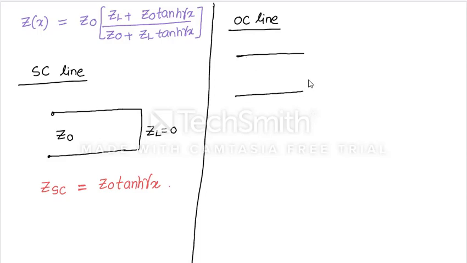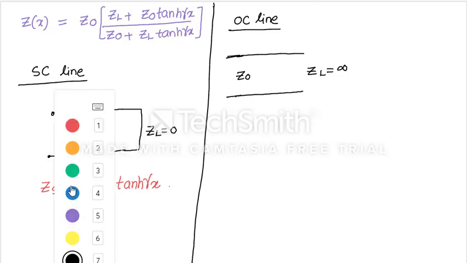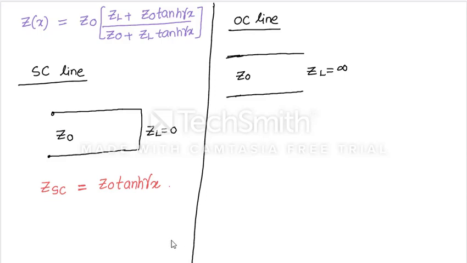The load impedance ZL tends to infinity when it is open circuited. The characteristic impedance is Z naught. Now the open circuited impedance, I am calling it ZOC.